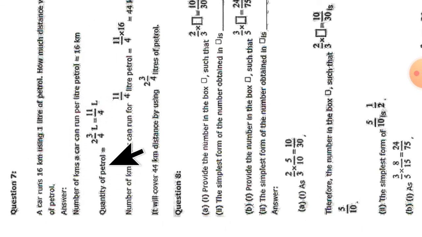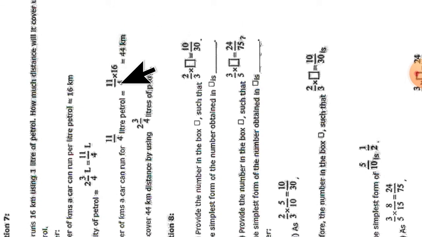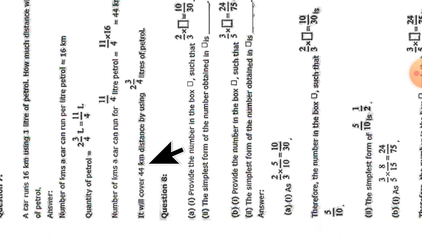Now the quantity of petrol is 2 integer 3 upon 4 liters, equal to 4 2s are 8 plus 3, which will be 11 upon 4 liters. Now the number of kilometers the car can run for 11 upon 4 liters of petrol: so what we will do? 11 upon 4 into 16 equals 44 km. So the car will cover 44 km distance using 2 integer 3 upon 4 liters of petrol.